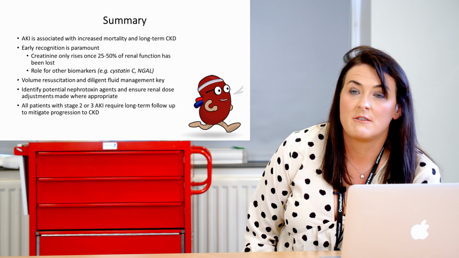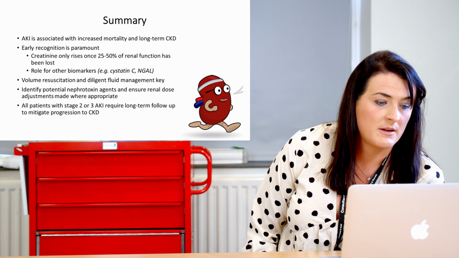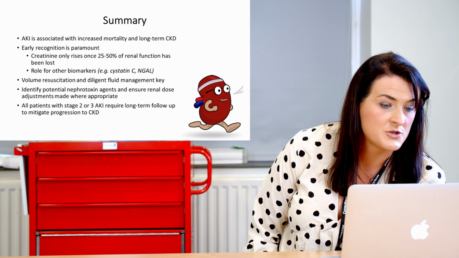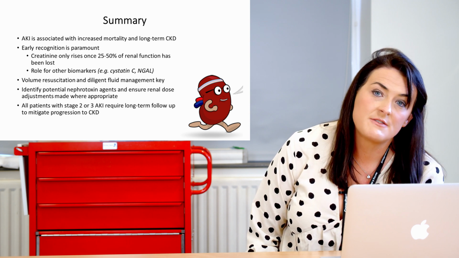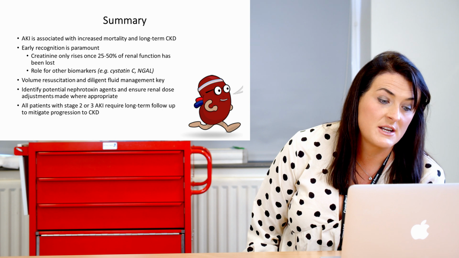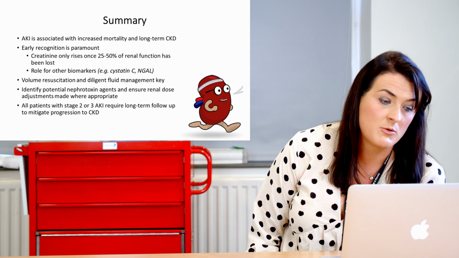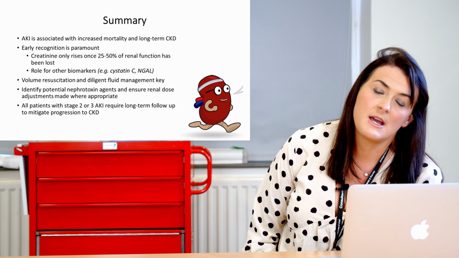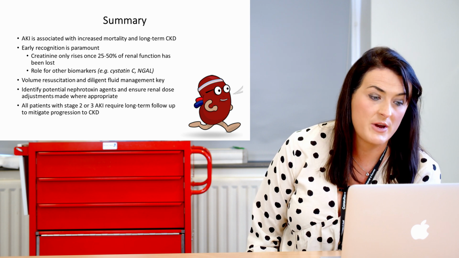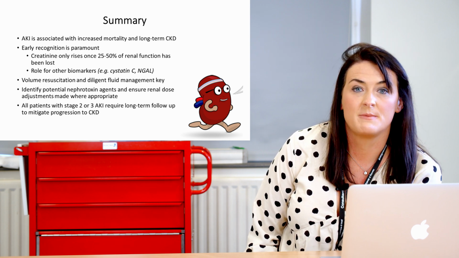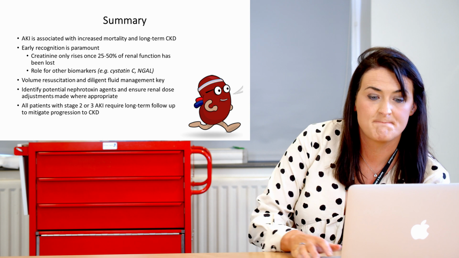Volume resuscitation and fluid management is key and a very important cornerstone of your management. Identify potential nephrotoxic agents and ensure renal dose adjustments are made where appropriate. And all patients with AKI stage 2 or 3 require long-term follow-up to mitigate progression to CKD.